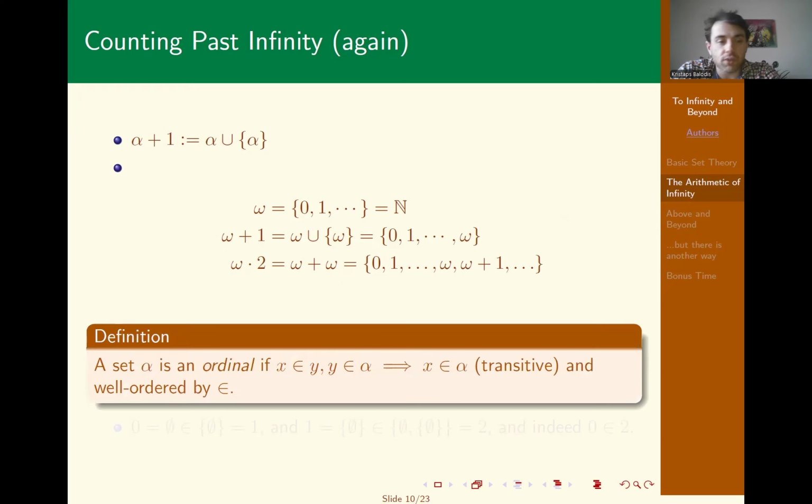Okay, there's a technical definition. A set is an ordinal if it's transitive. That says if x is an element of y and y is an element of alpha, then x is also an element of alpha. You can convince yourself that this is true of our definition for the natural numbers, and of all of the sets I have here.